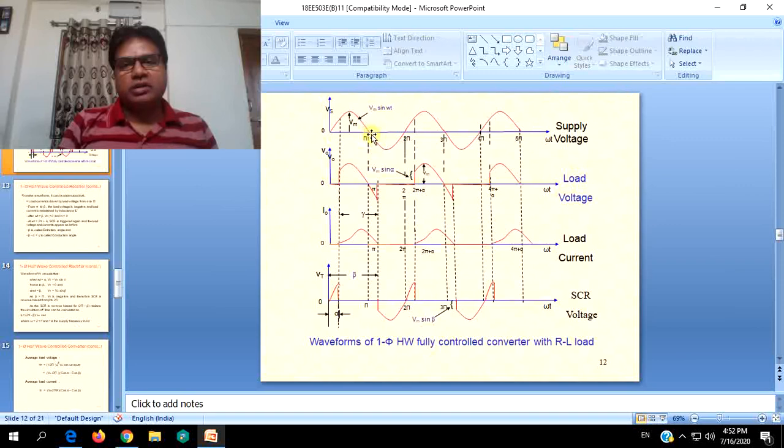That is equal to the source voltage in the negative half cycle. The load voltage will be positive from alpha to pi, and from pi to beta it will be negative. Then the load voltage will become 0 and be maintained 0 from beta to 2 pi plus alpha, the firing angle at which the SCR will be turned on again in the next positive half cycle.